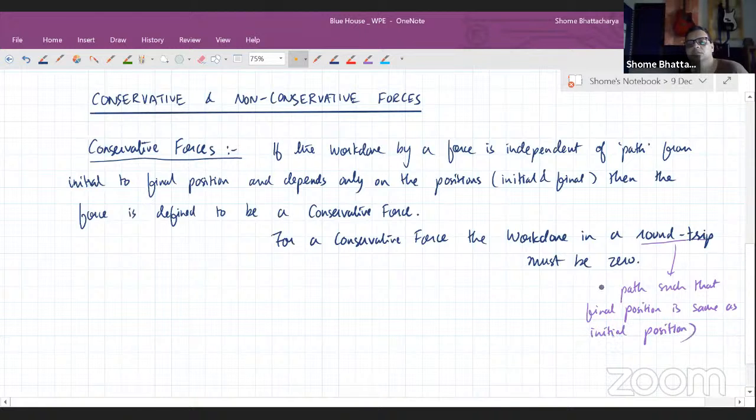In such a path, the net work done should be zero. So just note down this definition and we'll understand some examples of conservative forces.